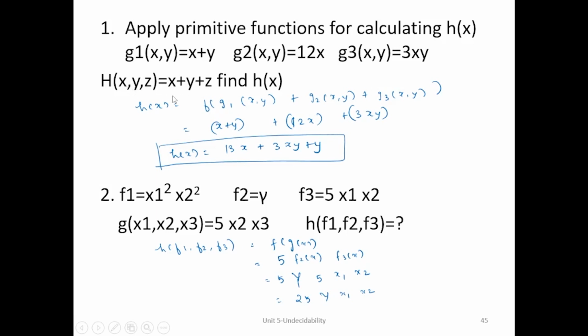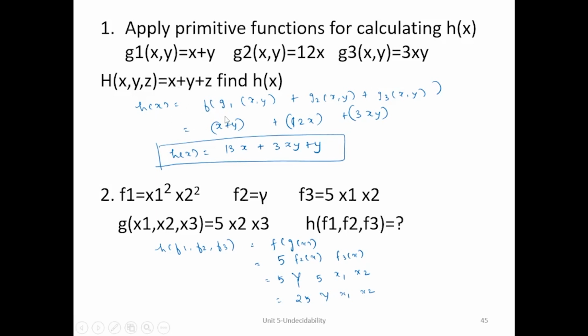From this, we should understand that we should use the three functions g1, g2, g3 instead of x, y, z. Here x means the g1 of x y value, y means the g2 of x y value, and z means we should substitute the g3 of x y value.